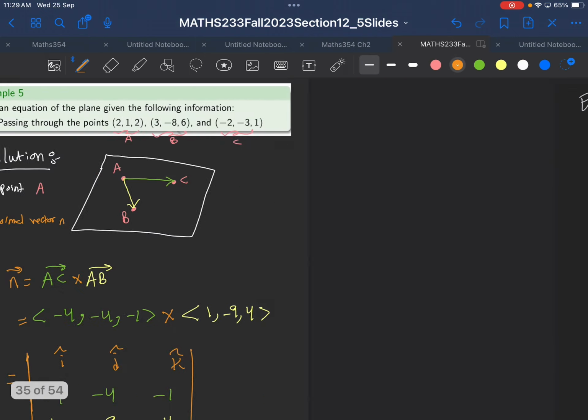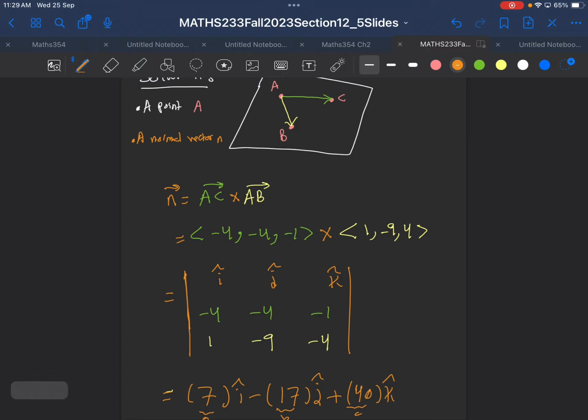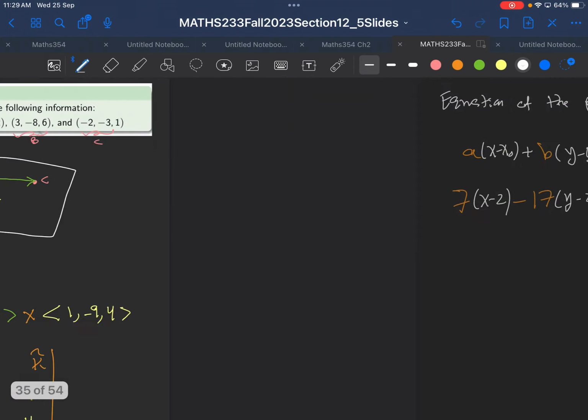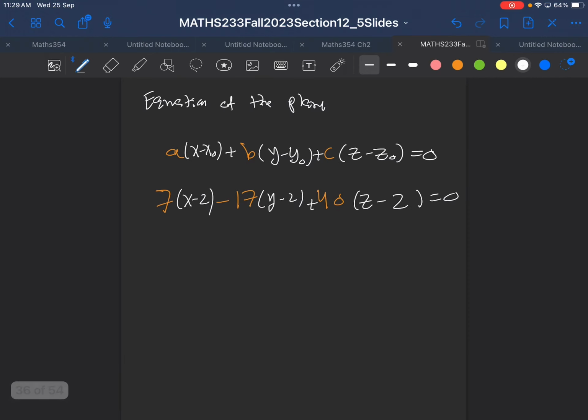What are A, B, C? Those will be 7, negative 17, and 40. And finally, here we'll have x minus 2, y minus 2, and finally it will be z minus, this time minus 2 here, and this will be 1 here, just for the sake of completion.